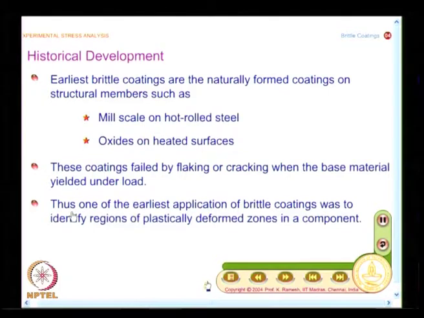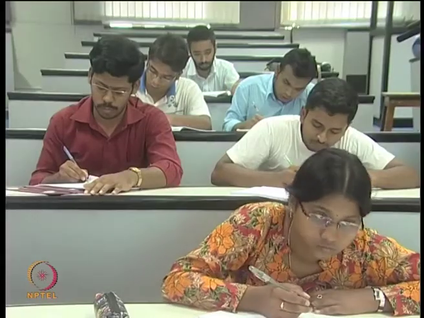Thus, one of the earliest applications of brittle coatings was to identify regions of plastically deformed zones in a component. That means, you are talking of very high values of strain, close to 2000 microstrain. The difficulty comes when you want to apply it to elastic problems, and we have also seen that properties of the coating dictate the accuracy of the technique.